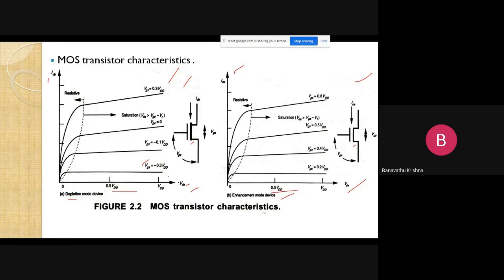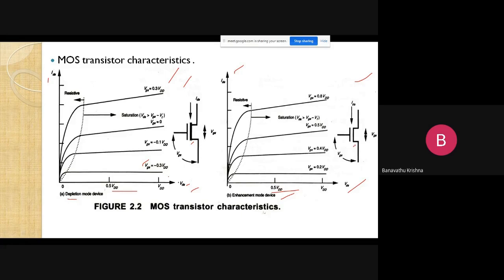So this is the complete procedure for the derivation of the relationship between IDS versus VDS, drain to source current and drain to source voltage. Drain to source current depends on both gate to source voltage and drain to source voltage. These are the major parameters we discussed for the IDS versus VDS relationship.